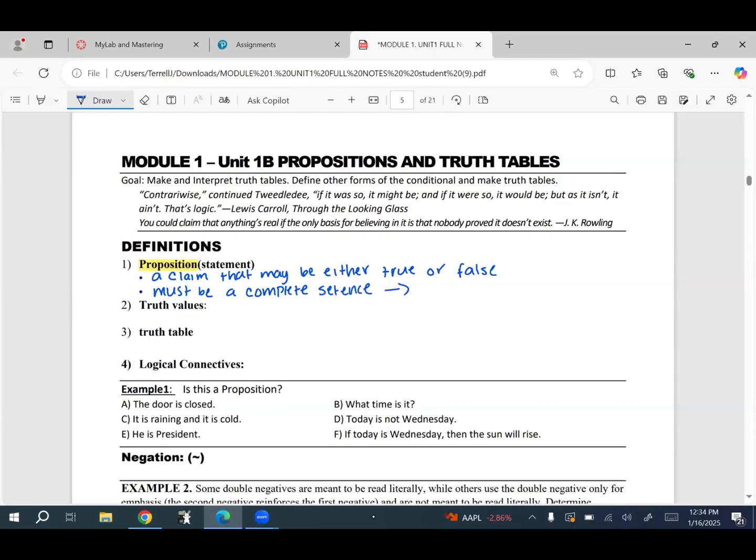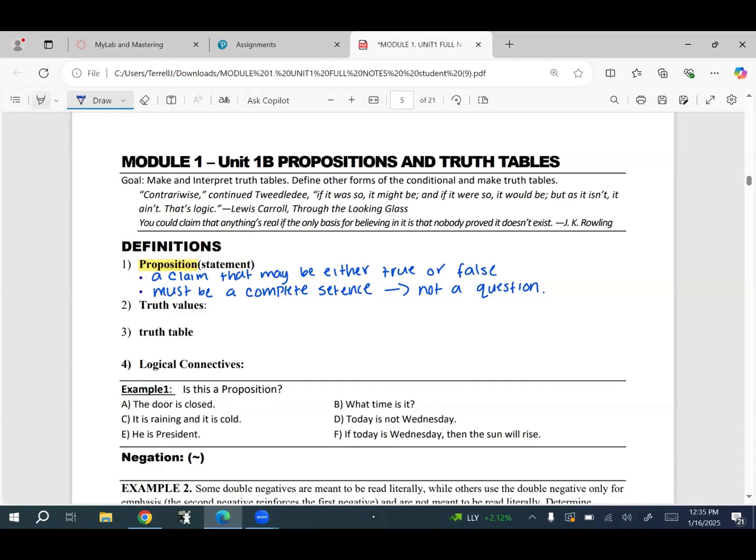So I'm going to put here, not a question. It needs to be the structure of a complete sentence, not a question. So again, a proposition is just a statement. It's a claim. It can be true or false, but it needs to be a full, complete sentence, not a question.